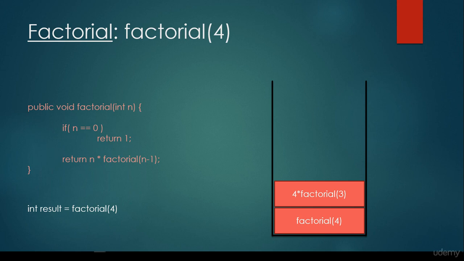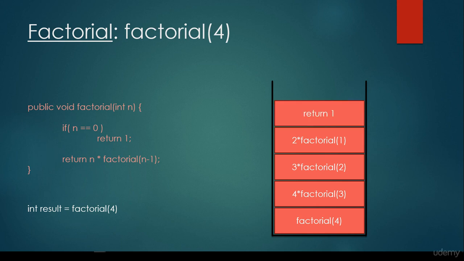This is not the base case, so again we call the factorial function with the integer 2: 3 times factorial 2. Then we call 2 times factorial 1. Then we call 1 times factorial 0, but the factorial of 0 is equal to 1. So we return 1 because we hit the base case.